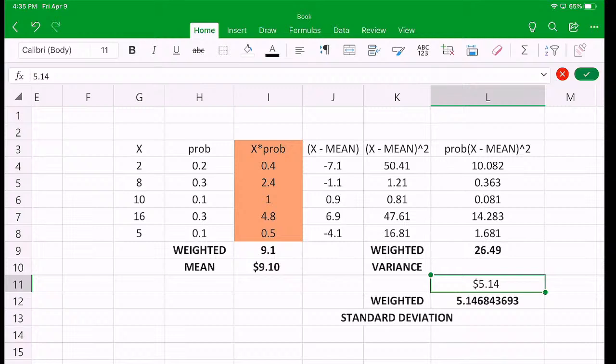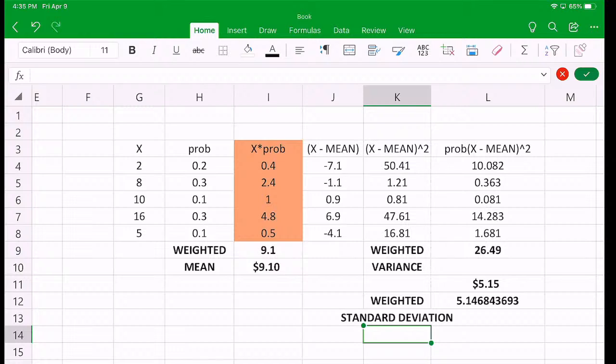Oh, I guess it's 1.5. Okay. And then you would follow along with the same interpretation that we did before. On average, the student would have $9.10 in her pocket, give or take $5.15, and you can look for the likelihood of seeing certain outcomes appear.